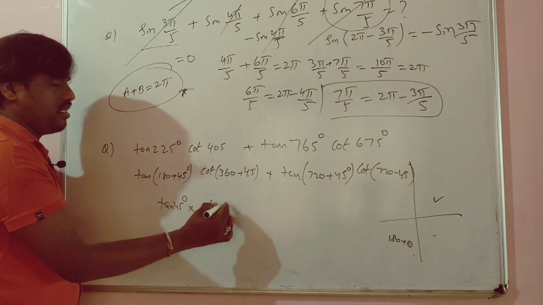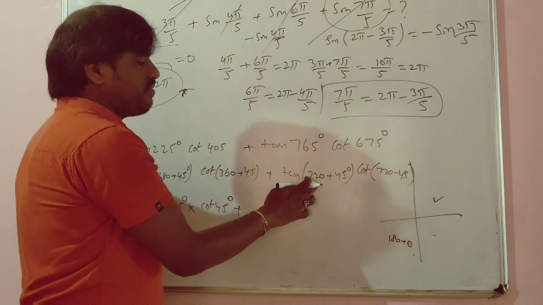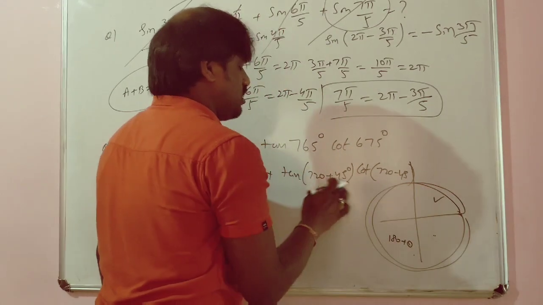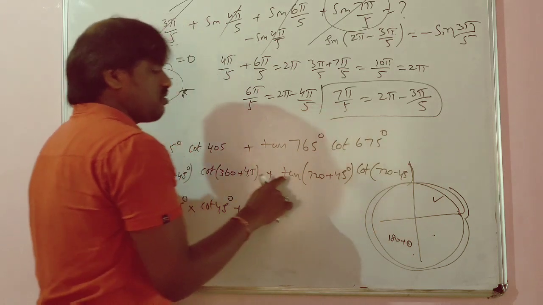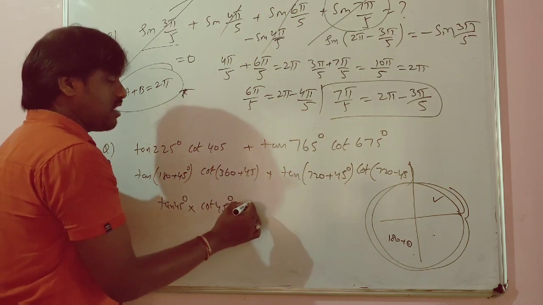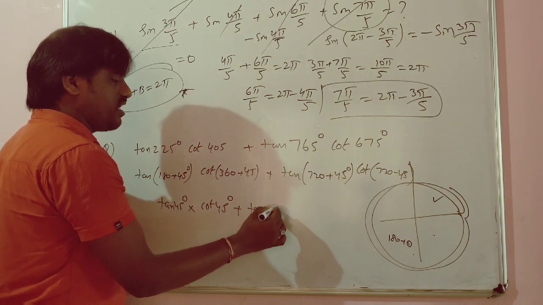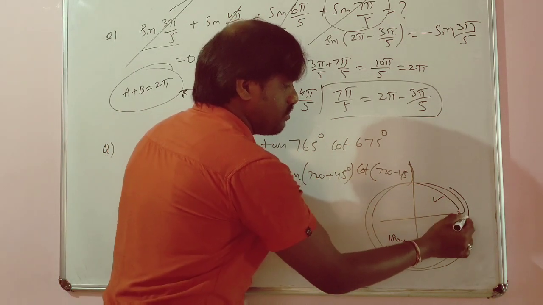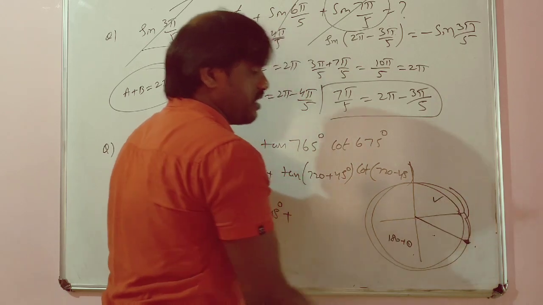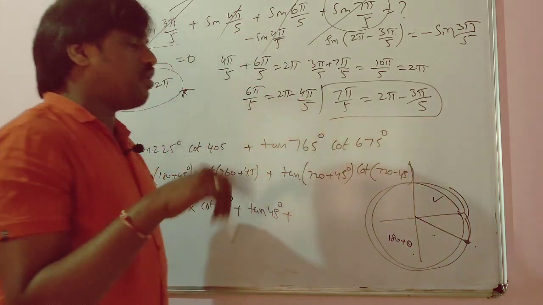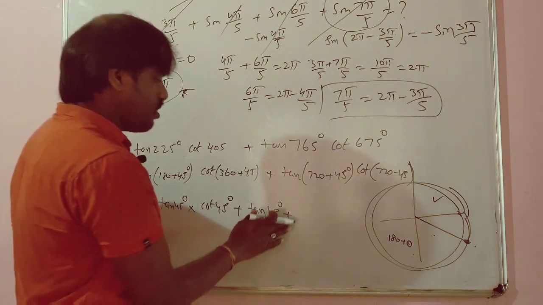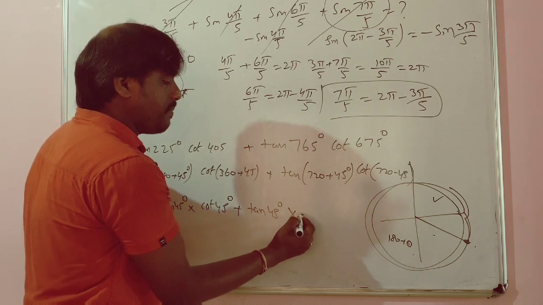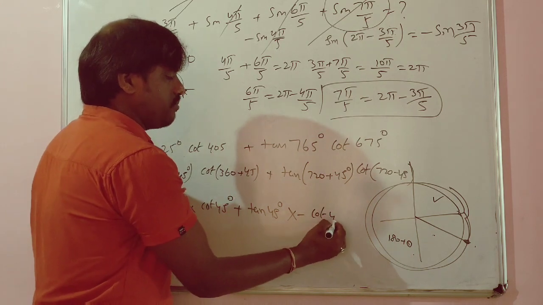Plus tan 720 means one round over and the second round came, and this goes to the first quadrant where tan is positive, so I get tan 45 degrees. And here cot of 270 minus means it is in the fourth quadrant, where cot is negative, so I get minus of cot 45.